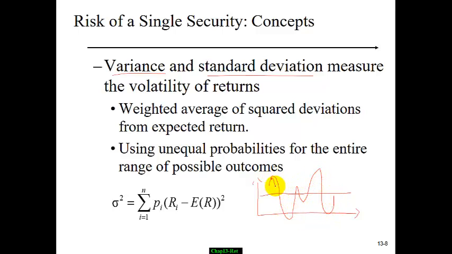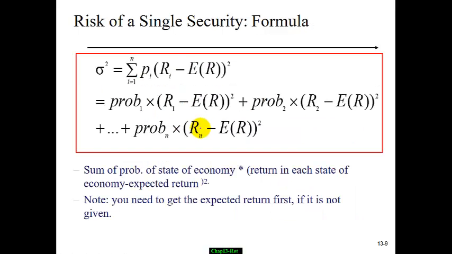We look at the distance from the expected return and add up. So for each economy, we look at the predicted return and how far it is from the expected return. As we add up the positive and negative deviations, we take a square to capture this effect. Lastly, we adjust with the probability of this economy.